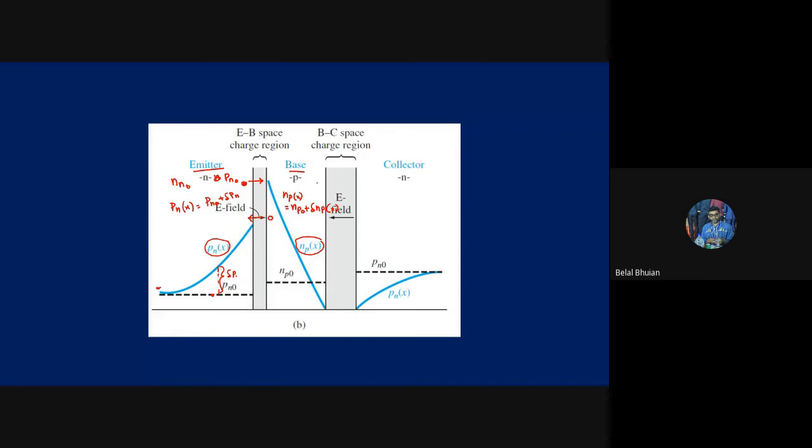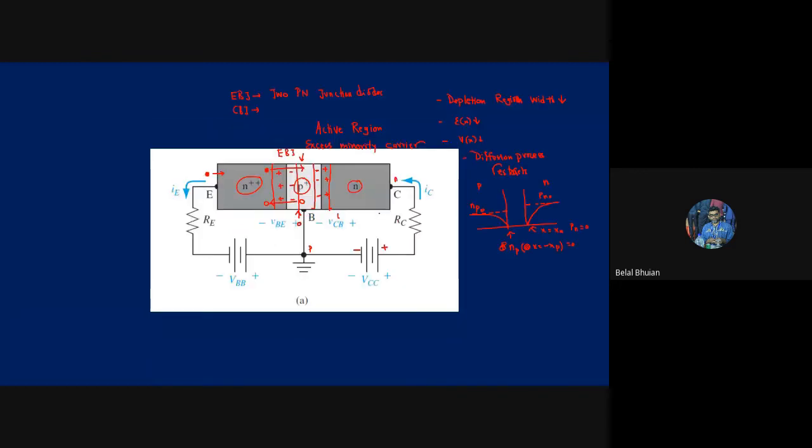If you look into the other side, the base side and the collector side, the CBJ is reverse biased. Reverse bias means, as we already learned from our previous slide, that the concentration is zero on both sides.